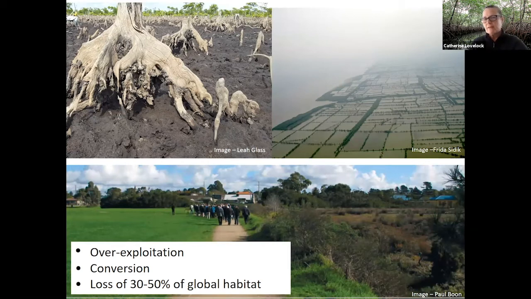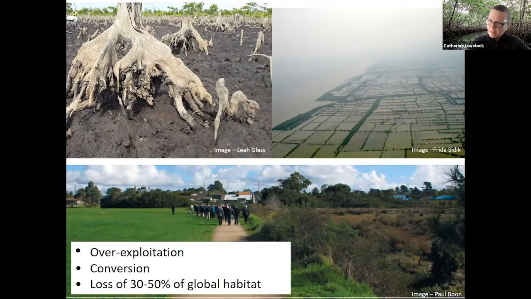You can see what's happened to the soil: it's receding away from those stumps as the carbon in the soil decomposes. They've been converted for shrimp aquaculture throughout Southeast Asia and Central America, such that we've lost probably around 30 to 50% of the global cover.